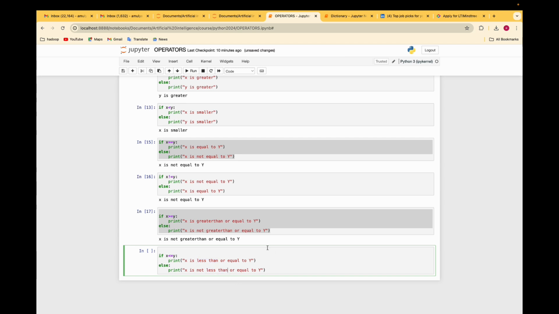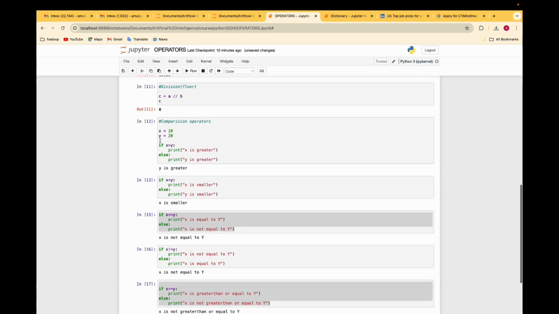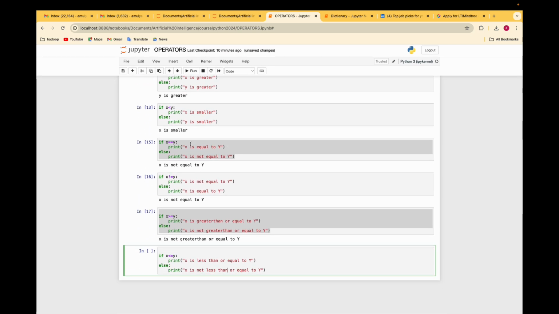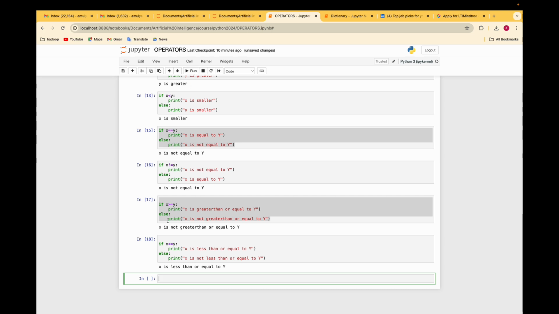When I run it, it says x is less than or equal to y, as it compares if it's less than y or equal to y.